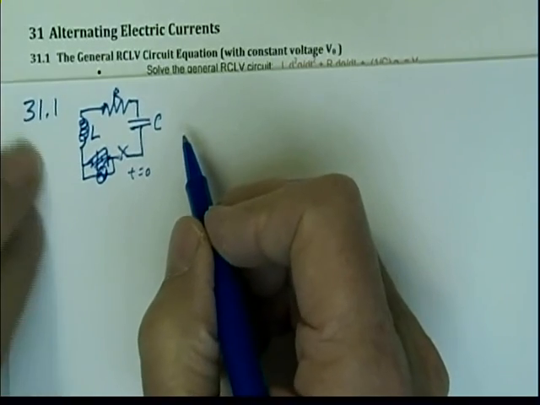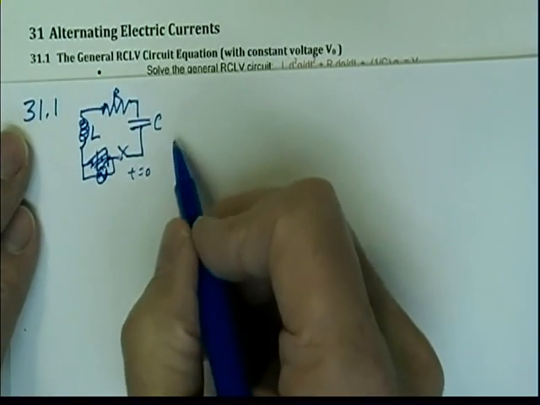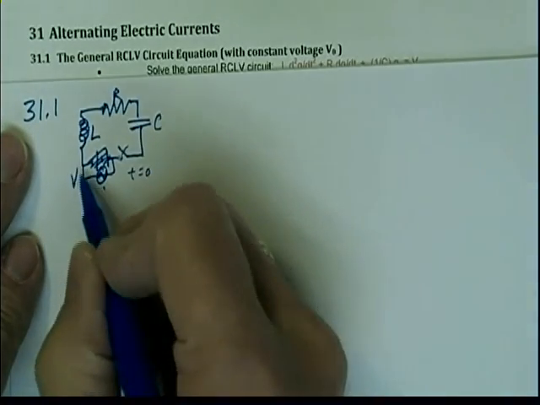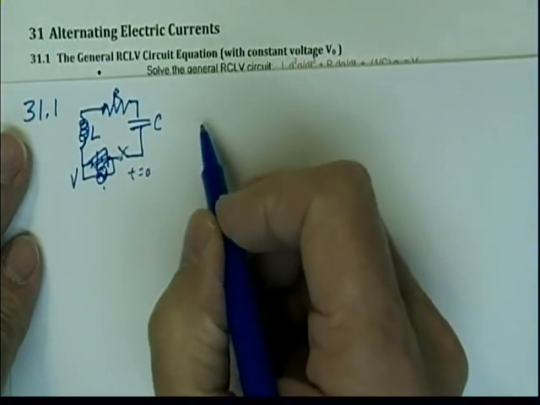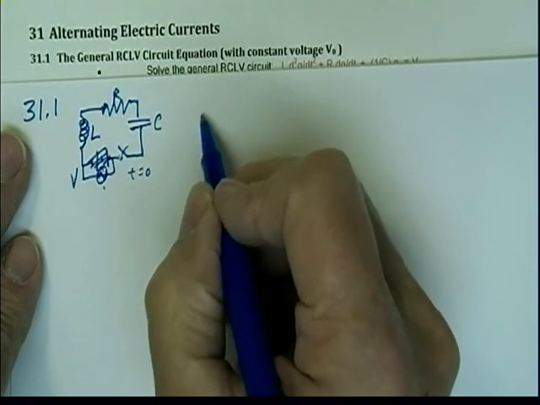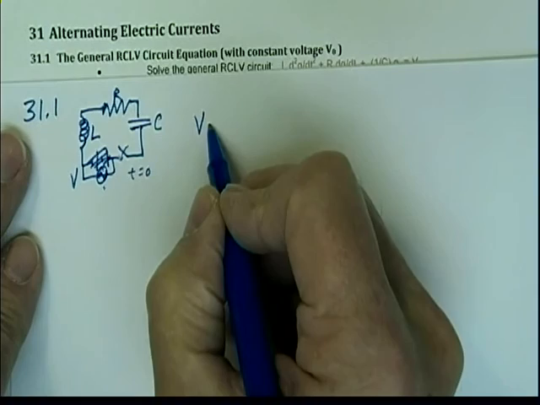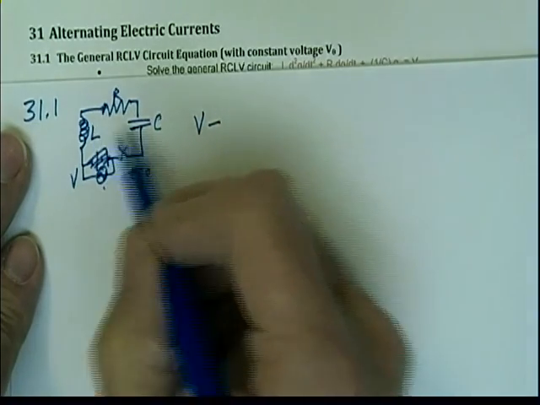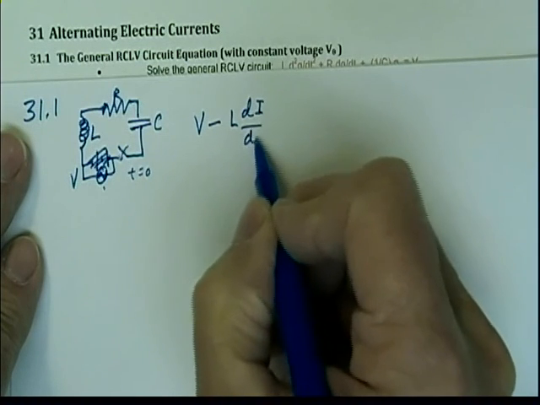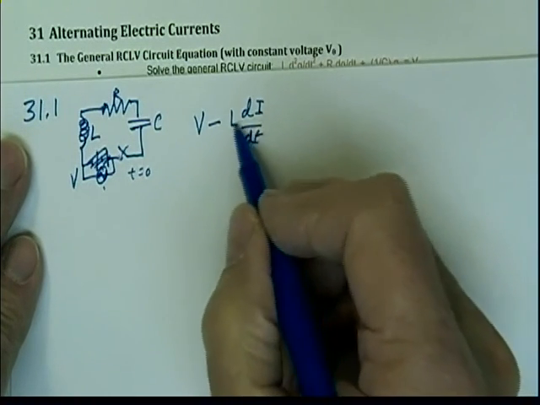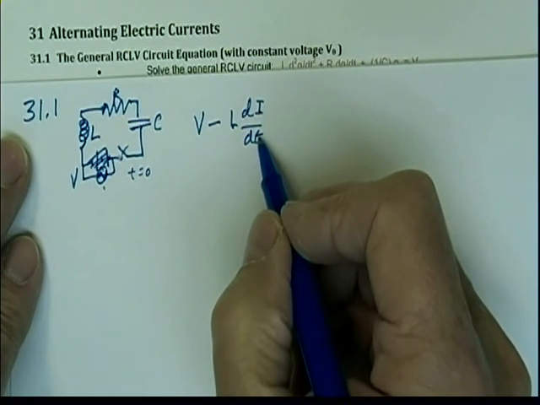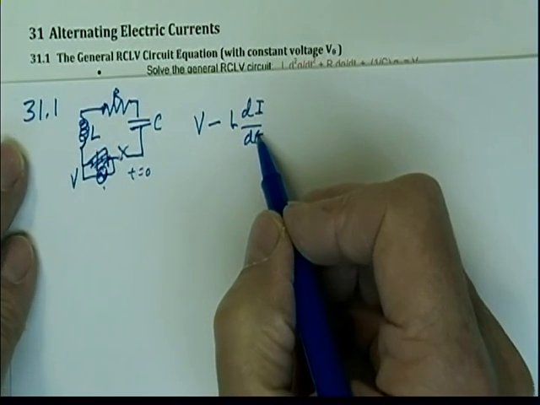Again, as in the past, we know from Kirchhoff's laws that the sum of the voltages around here is going to be equal to 0. We have V minus the voltage across the inductor, which is L di/dt. That's from the work that we did on inductance. Remember, L is in henries, and this is the change in the current over change in time.